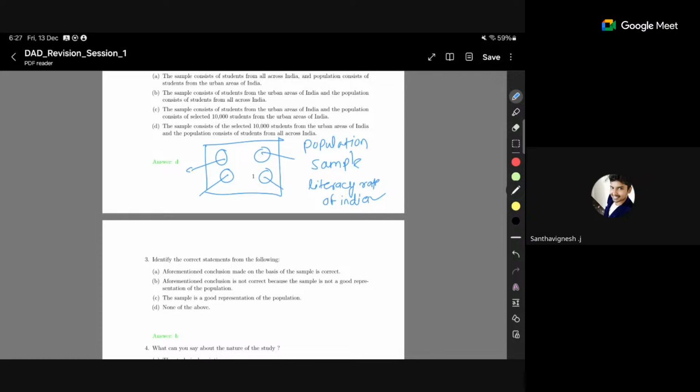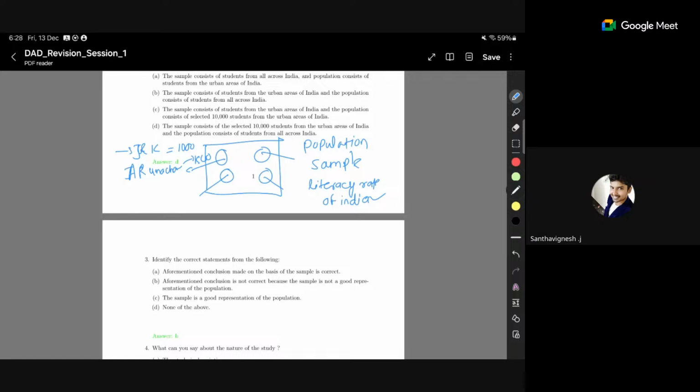You don't have to collect all of them, but you have to collect a few from each state. You go to, let's say, Jammu Kashmir and collect 1,000 people. Then you go to Arunachal Pradesh and collect 1,500, any number that is greater than some value.